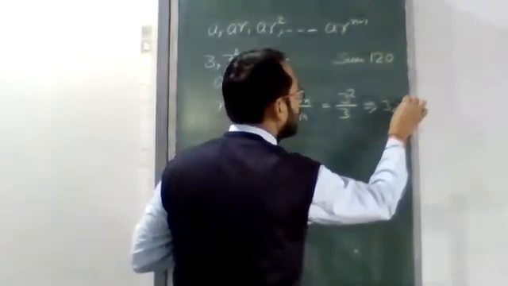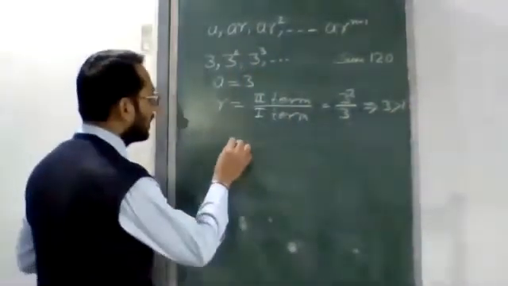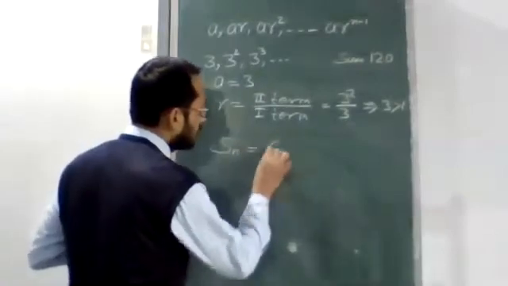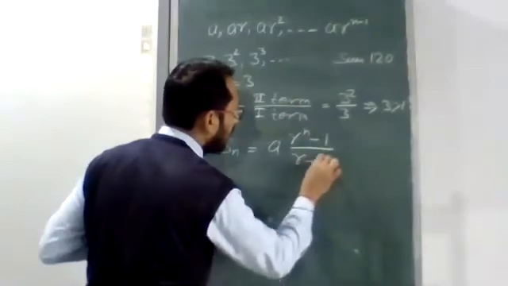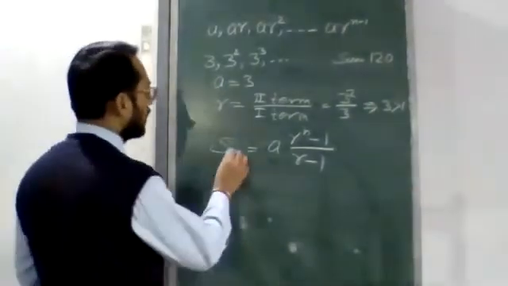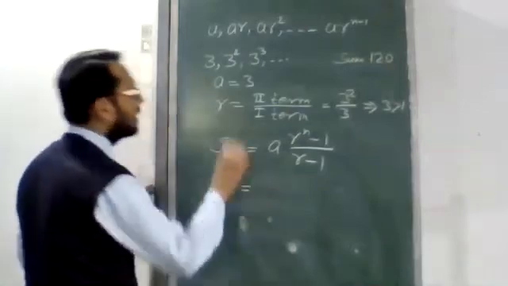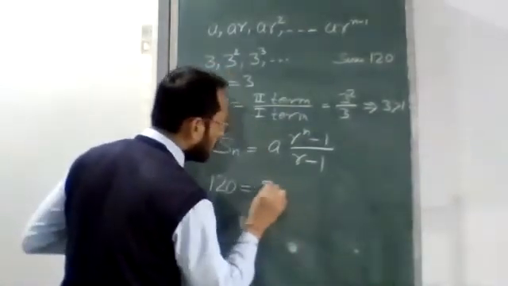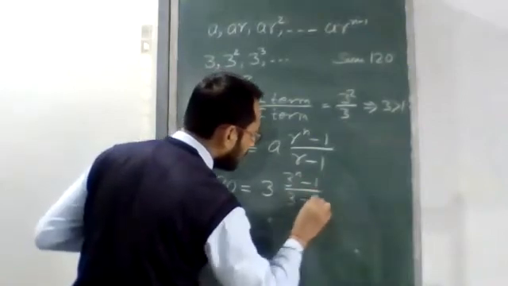Now R is greater than 1. When R is greater than 1, in that case, Sn is equal to a into r to the power n minus 1 upon r minus 1. Sn is given as 120, equal to a, that is first term 3, into 3 to the power n minus 1 upon 3 minus 1.